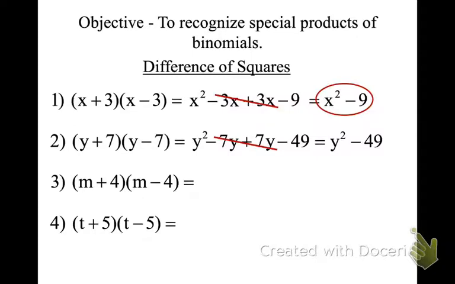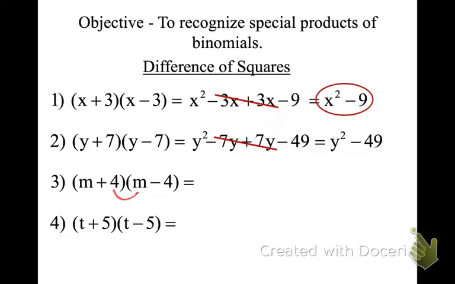Okay, Dion. All right, so we're looking for our patterns. I heard that you said the first term is always squared. Alphas, when you multiply the inner and outer, it cancels each other out? Yeah, every time.